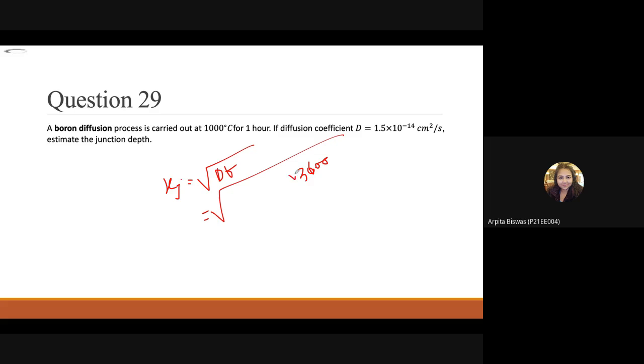And what is the value of this D? 1.5 into 10 to the power minus 14. Now tell me the answer, xj.